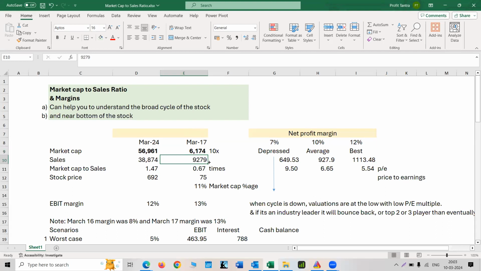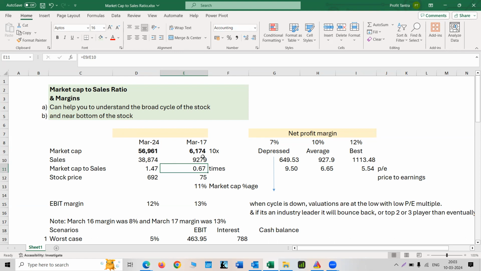All figures are in crores here. Market cap was 6,000 crore, correct? So market cap to sales, it was trading at 0.6 or 0.7 times.